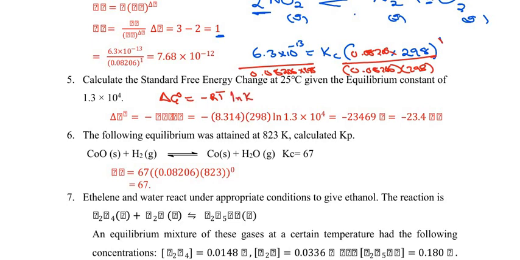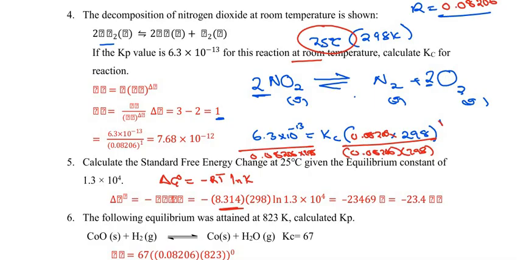For this particular equation, we use the R value to be 8.314. The reason we take the other one to be 0.0820 is because of the room temperature condition that we are choosing. So we're choosing something standard, which has a pressure value which needs us to use the R value, which is this one there.